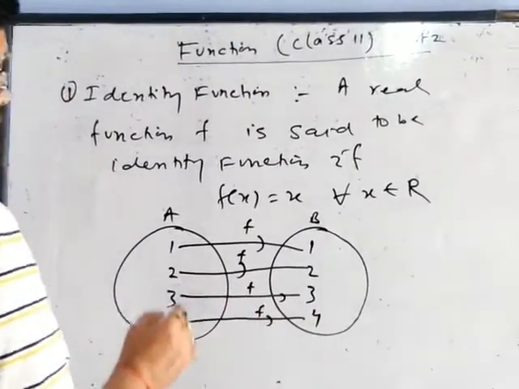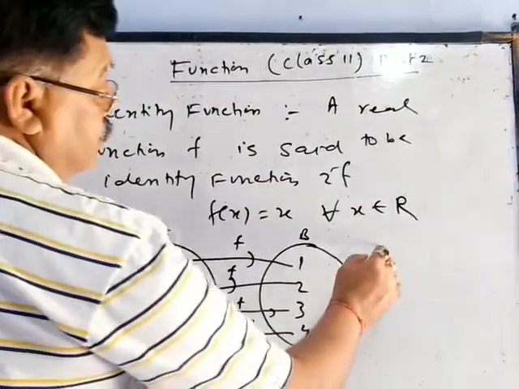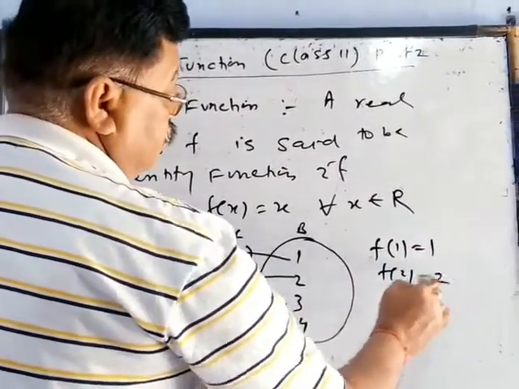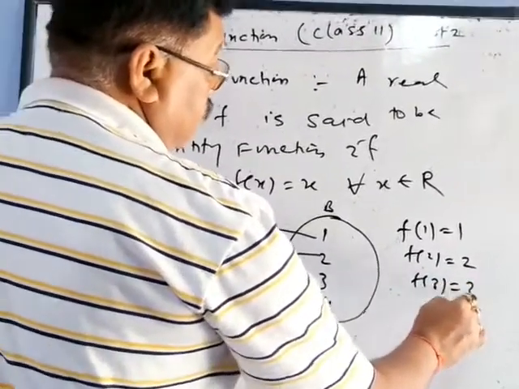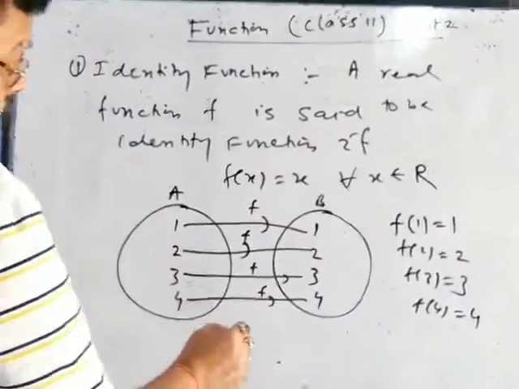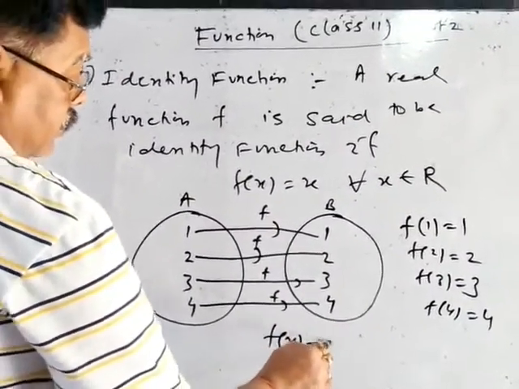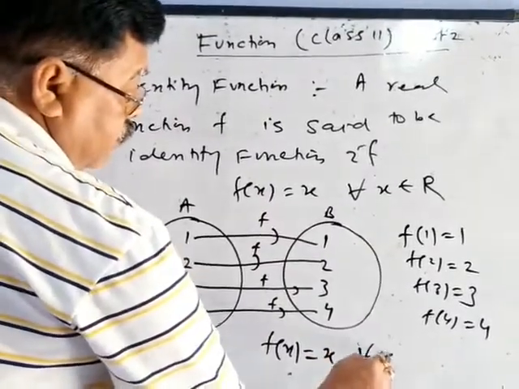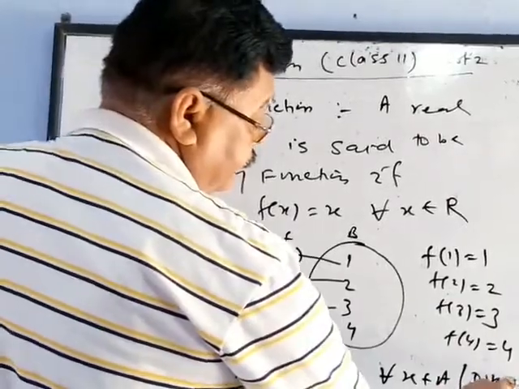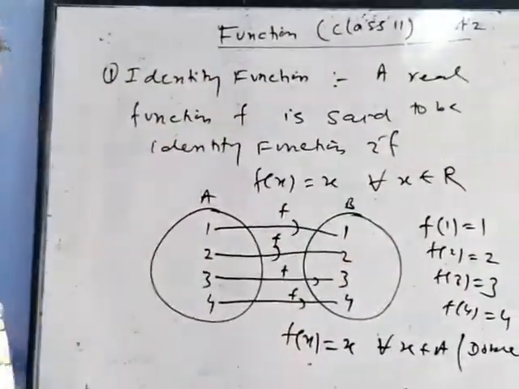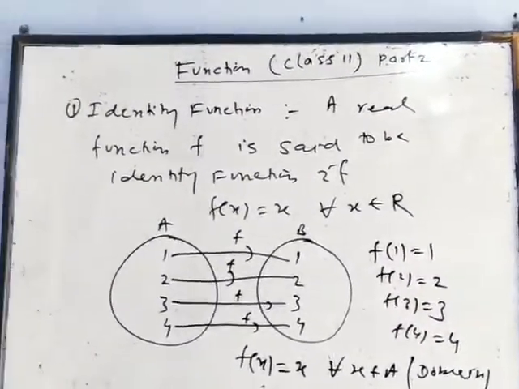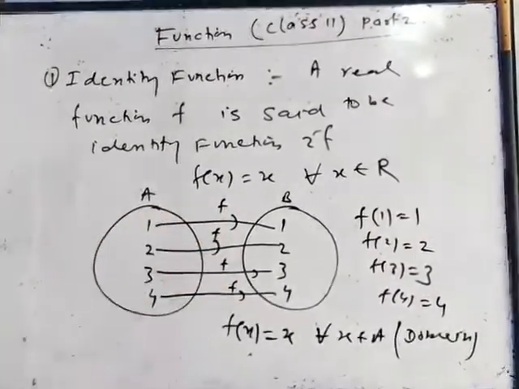So for identity function we see that f(1) is equal to 1, f(2) is equal to 2, f(3) is equal to 3, and f(4) is equal to 4. So what are we getting? f(x) is equal to x for all x belongs to A, that is the domain. This type of function is called identity function. This is the concept of identity function.